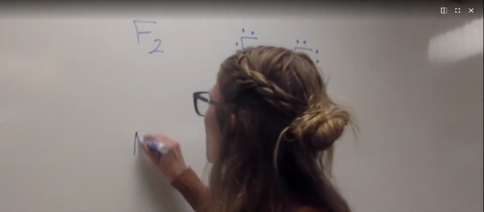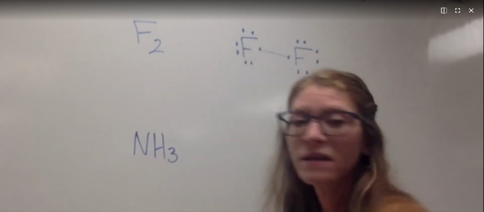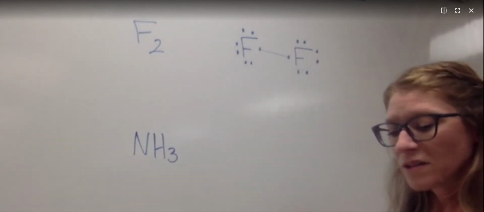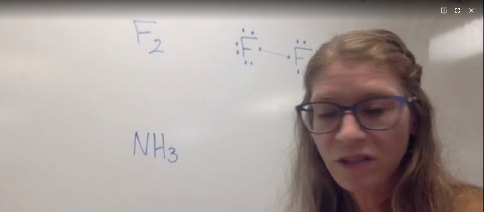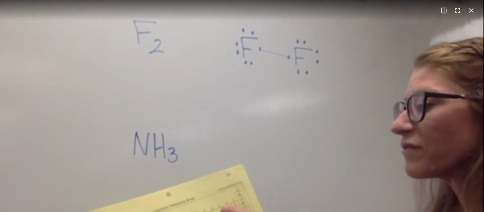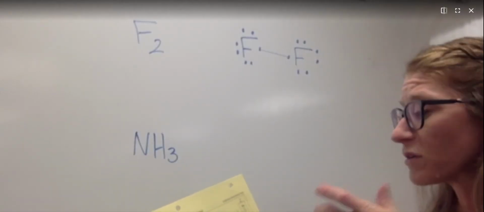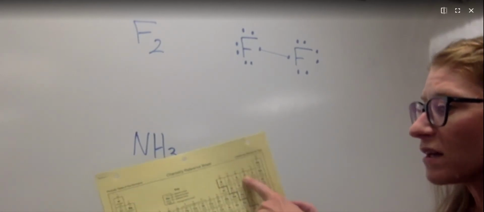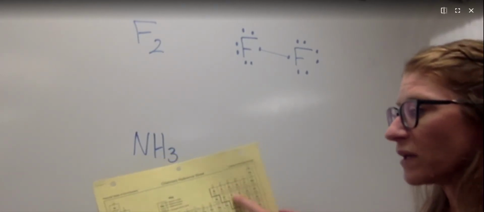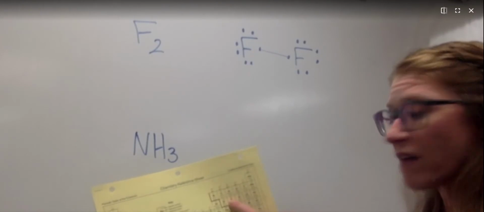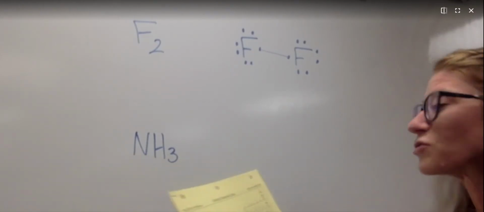The next example is NH3. Again, tomorrow you'll get more instruction into this, but to figure out which atom will go in the middle, if there's more than one atom, usually those atoms are going to be in group 4A or 5A. Generally, those are our central atoms.